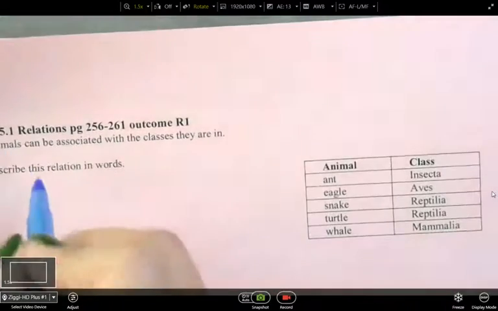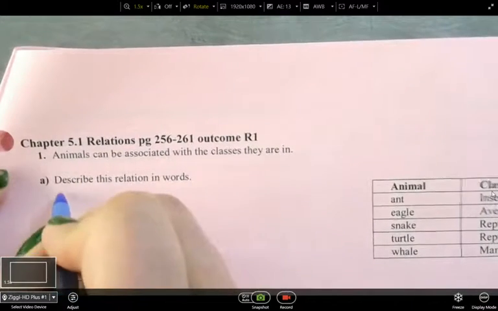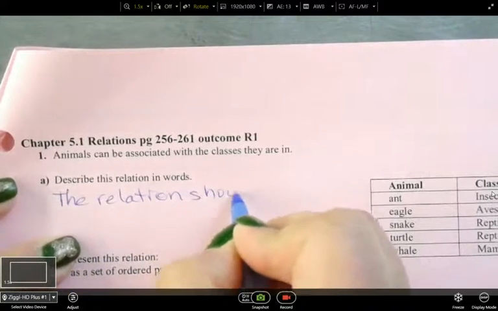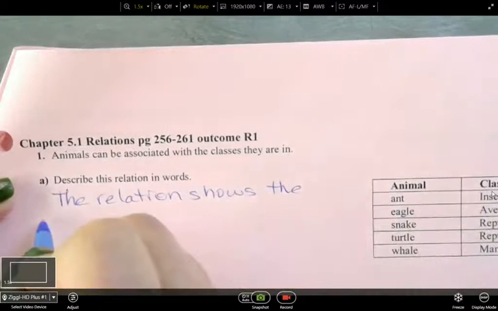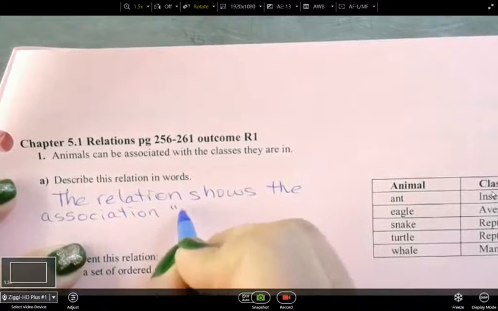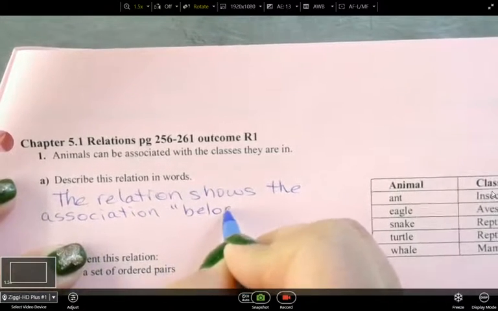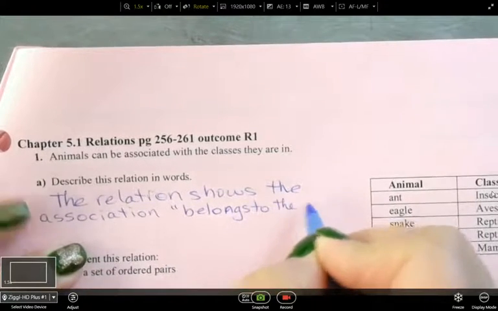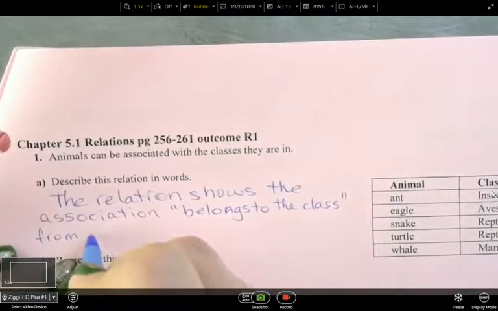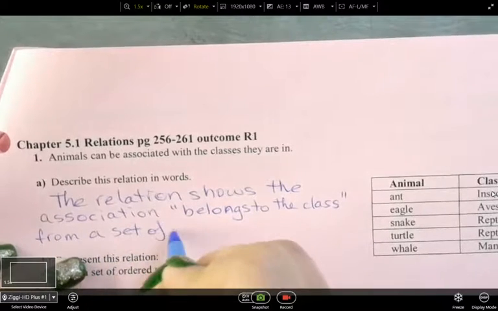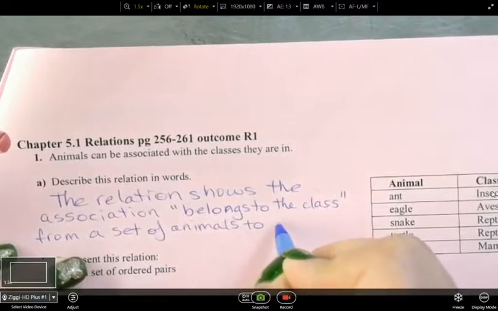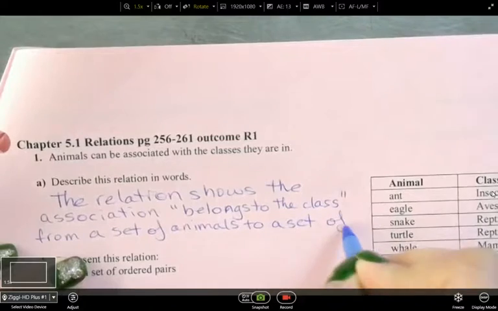Now what we have here is the relation shows the association which is belongs to class, belongs to the class from a set of animals to a set of classes.